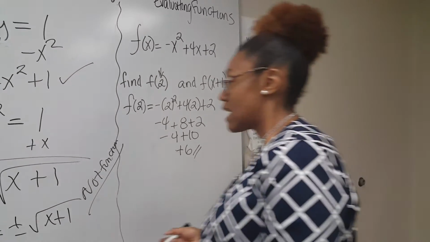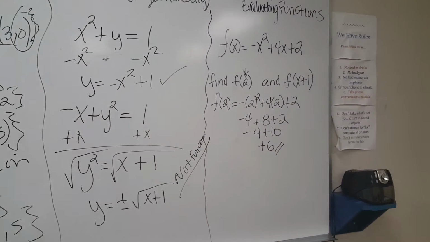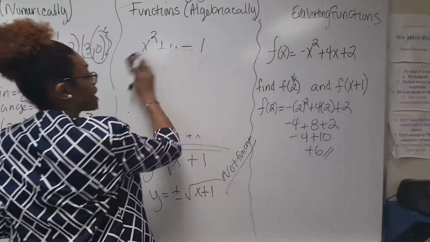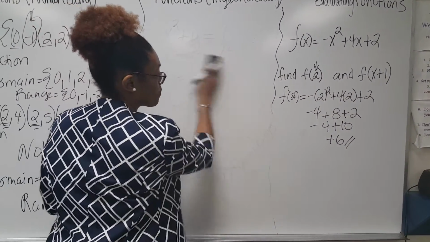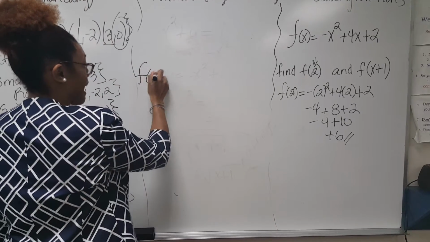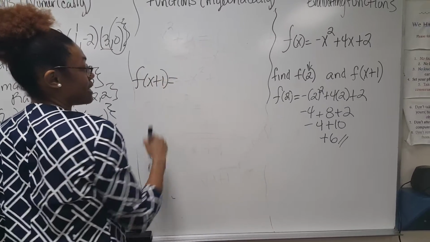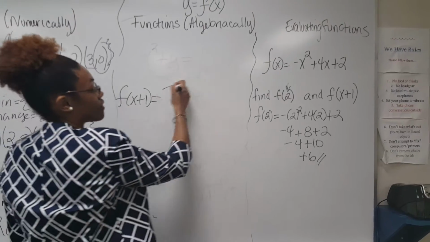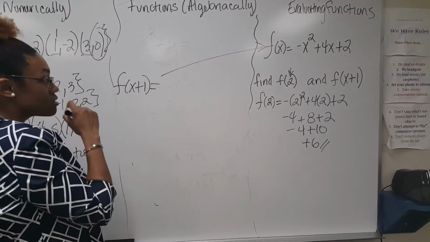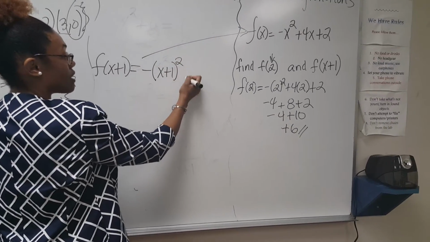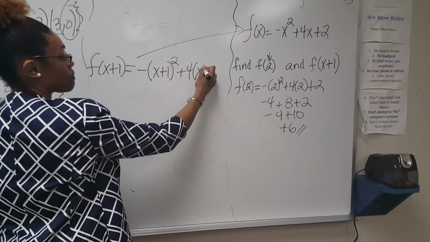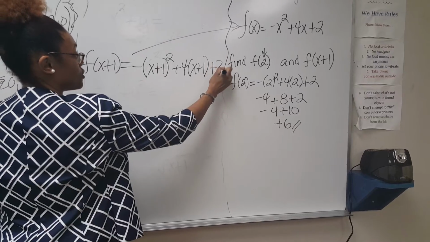The second one is f of x plus 1. So that requires a little bit more detail. So wherever I see x, I am going to plug in x plus 1 for this particular function. So this will be a negative x plus 1 squared plus 4 times x plus 1 plus 2.